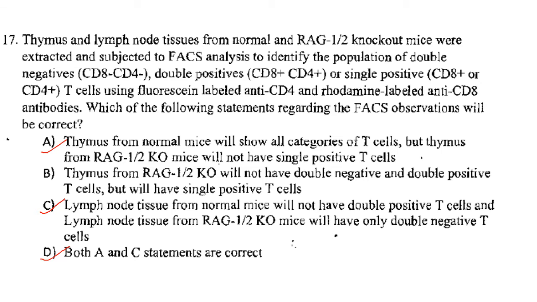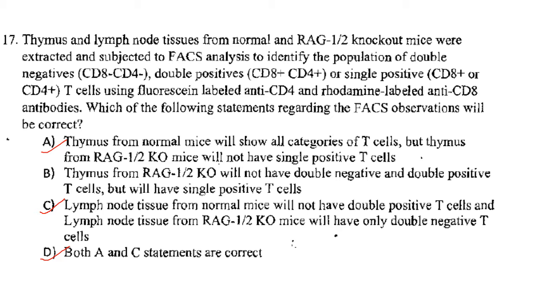Then next one. Thymus and lymph node tissues from normal and RAG 1 or 2 knockout mice were extracted and subjected to FACS analysis to identify the population of double negatives, that is CD8- and CD4-. So double negatives are T cell progenitors, and they have not rearranged their TCR genes.